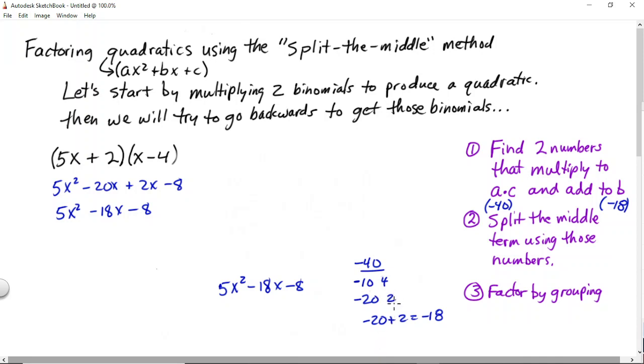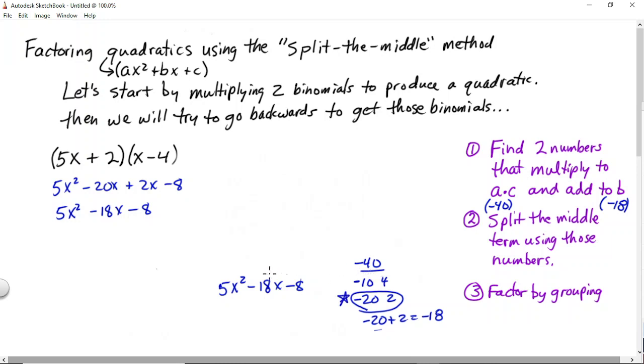This is just finding the numbers, right? They multiply to negative 40 and add to negative 18. We have found them. So now we split the middle term using those two numbers. Okay, those two numbers right there to split the middle term. And notice we did not have to look up here to find those numbers. We just had to find two numbers that multiply to negative 40 and add to negative 18. We found them.